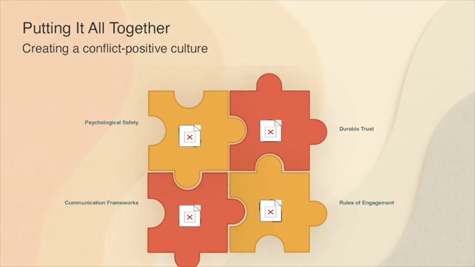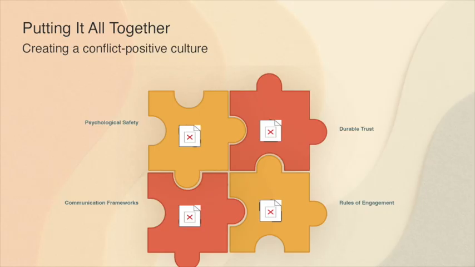And so these are the components of a conflict positive culture. The first two go together. We need to have a high level of psychological safety, which results in trust. And from there, a lot of other things can happen. But if we don't have those two things, we can't really move the ball forward in terms of our culture. Beyond that, we have some of those communication frameworks we talked about: framing, steering, constructive feedback, right?